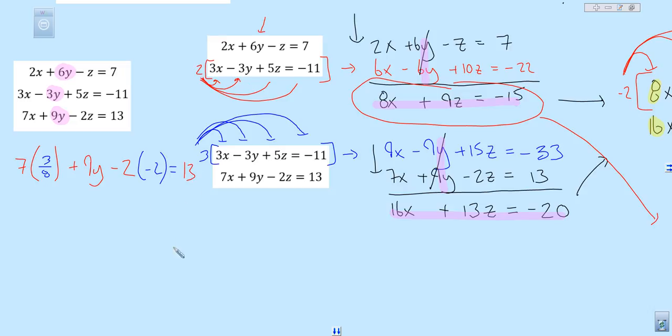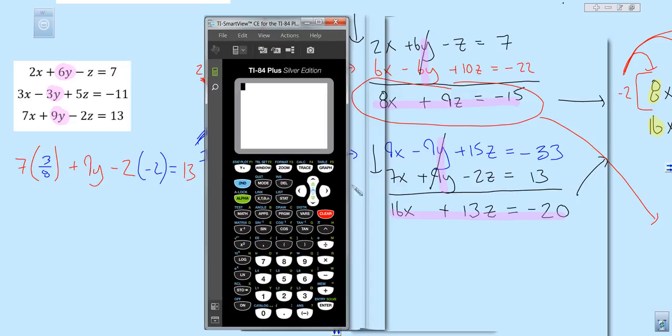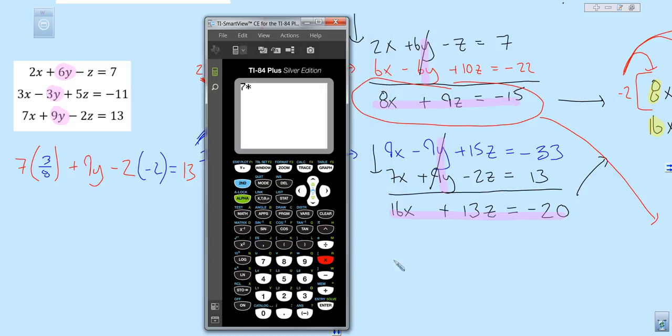So I start simplifying this. I pull out my calculator. I haven't used my calculator in front of you guys, so let's go ahead and show you some stuff here. I want to use a fraction, so I'm going to say 7 times. If you have a TI-84 with an updated operating system, there's actually a fraction key.